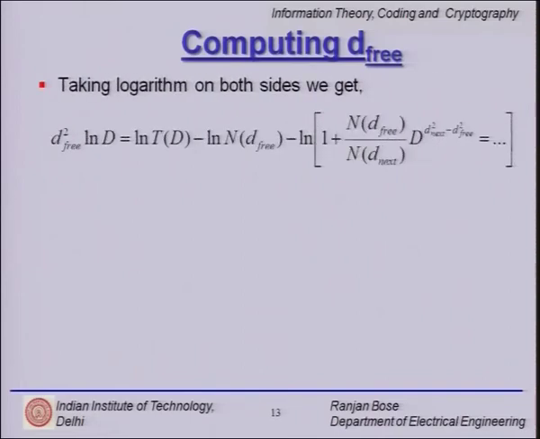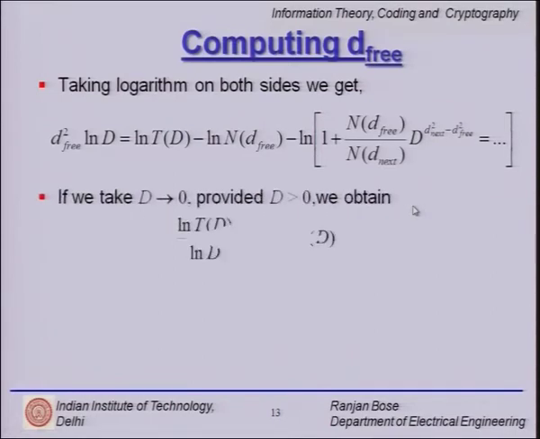If you take log on both sides of the equation that we saw just now, then we have ln d, and the d free squared comes in front, and then we have this expansion going up next. If we take d tending to 0 and d greater than 0, we would get roughly ln T(d) divided by ln d, which comes to d free squared minus epsilon d.